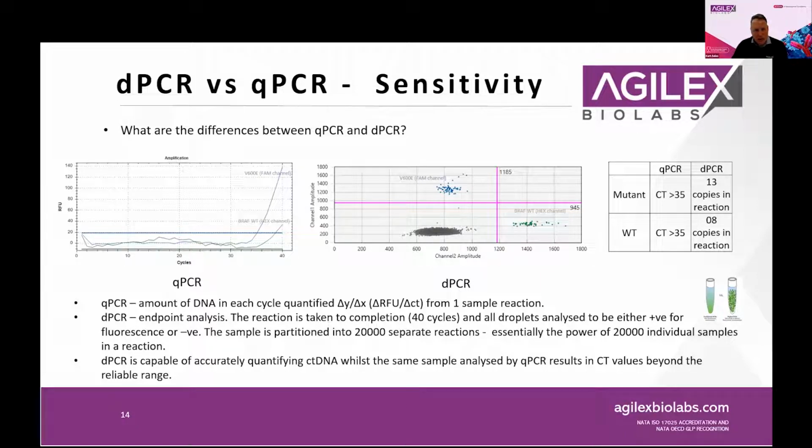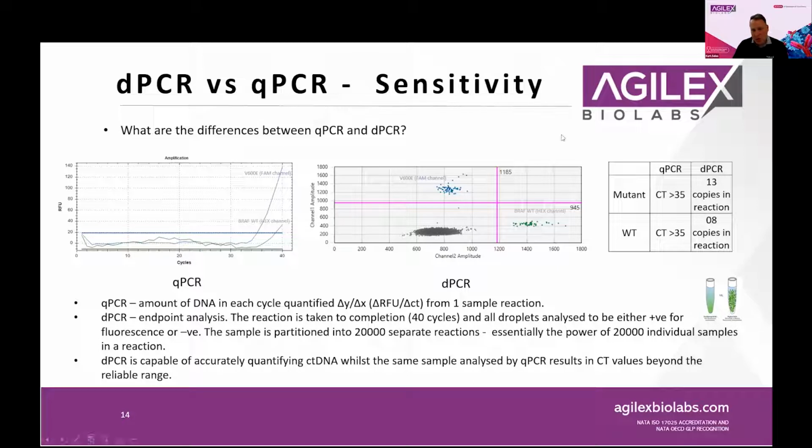And so you then move to the digital setup, which is different insofar as the reaction is taken to completion, so up to 40 cycles. And what you have is really a binary readout. All droplets are analyzed by the reader and are determined to be either positive or negative for fluorescence. Those that are positive get calculated, and the software applies Poisson statistics to derive a copy number.